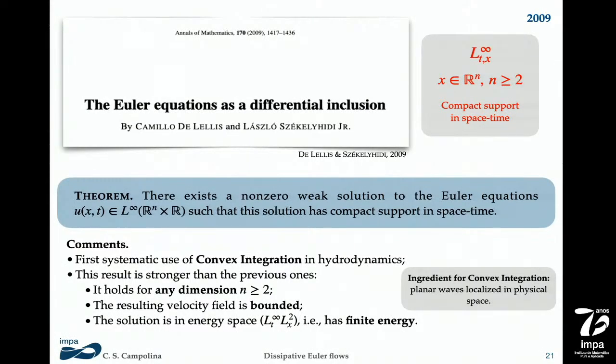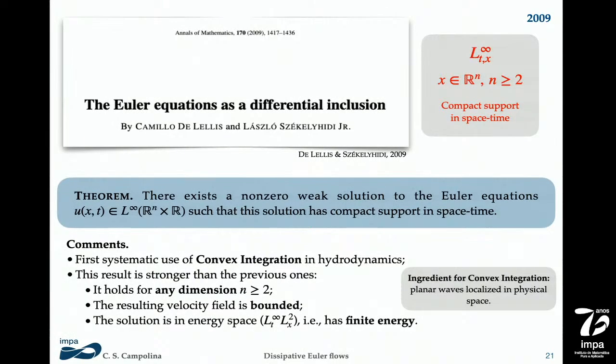Okay, so it's somehow very close to what we saw on the first papers, with some advantages. It holds for any dimension n greater or equal than 2. The resulting velocity field now is bounded, which is interesting because it's in L infinity, so it's bounded, which is way more physical than the L2 condition.